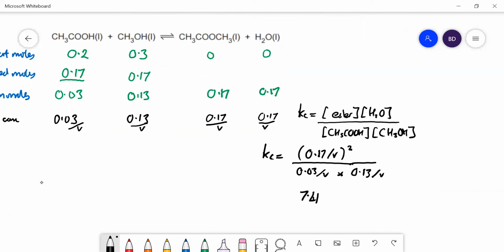I think we should really give that to 2 significant figures because all our data is to 2 sig figs, so that's going to be 7.4, and there are no units for that because you've got the same number of moles on both sides of the equation. So there is our answer there.